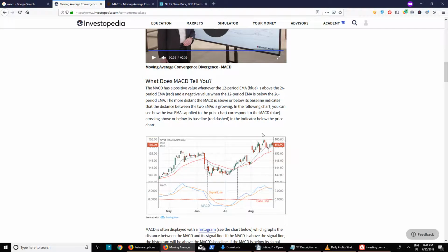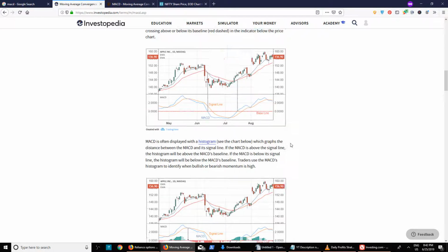Whenever the 12 period EMA is above the 26 period EMA, it is positive, and a negative value otherwise. Whenever it crosses above 0, it shows a bullish momentum, and whenever it crosses below 0, that's a bearish signal.